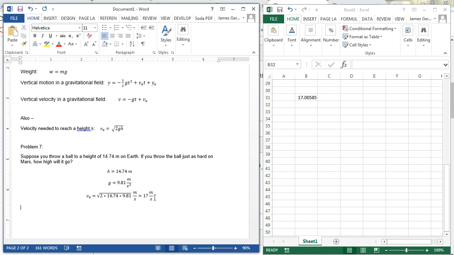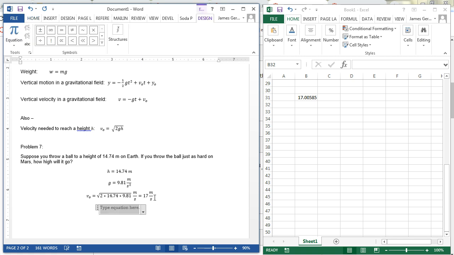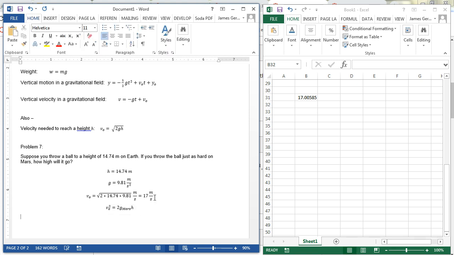So now we turn to Mars. We're going to throw it just as hard, but how high does it go? Well, we don't know that. We have the same equation, v naught equals the square root of 2gh, so we're going to have to square both sides. v naught squared equals 2gh. Our g is now different, I'll even put in here Mars, and we have to solve for h.